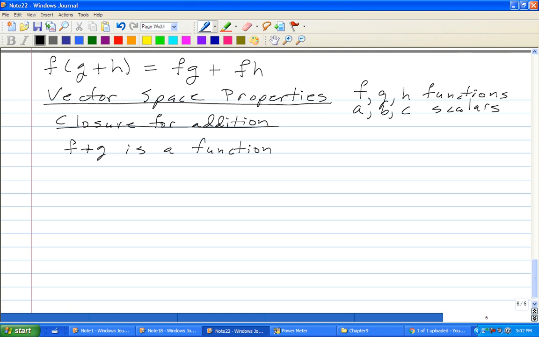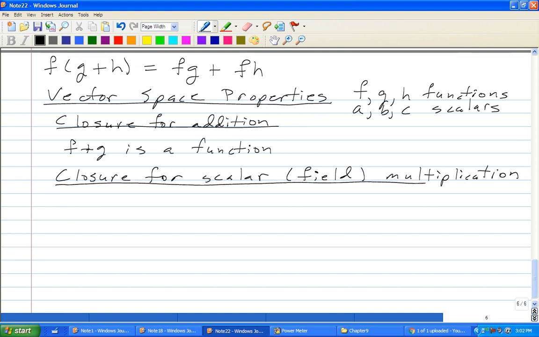Next, the closure for the scalar, which in this case is field multiplication. So the closure for scalar multiplication. So if c is some scalar and f is some function, then c times f is also a function.